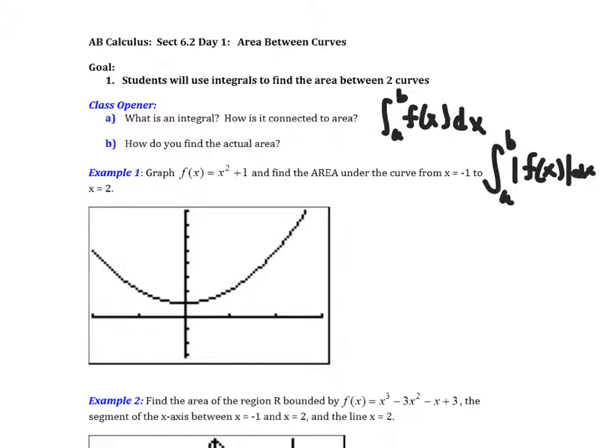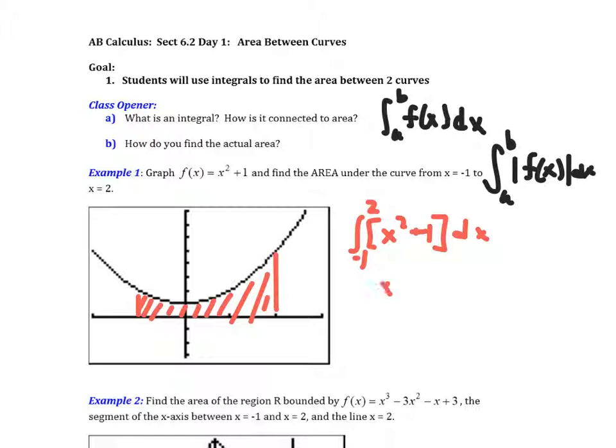All right, so for example 1, it says graph f of x equals x squared plus 1, and find the area under the curve from -1 up to 2. So I'd be finding this area here, which I could easily do by going from -1 to 2 of x squared plus 1 dx, which would be x cubed over 3 plus x evaluated from -1 to 2.